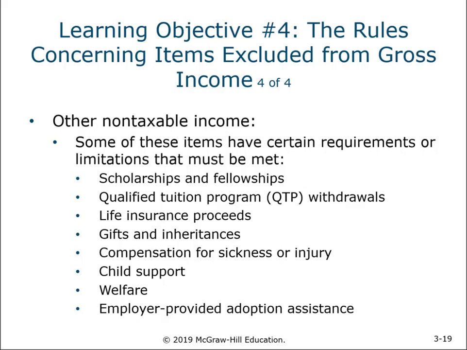Compensation for sickness or injury. Now, you have to be a little careful when you get paid out because you got hurt. You've all seen a commercial about Aflac, which talks about paying for bills. Aflac is generally paid out based on days missed of work. So it's a certain amount per day you miss. If that's the case, that is income.